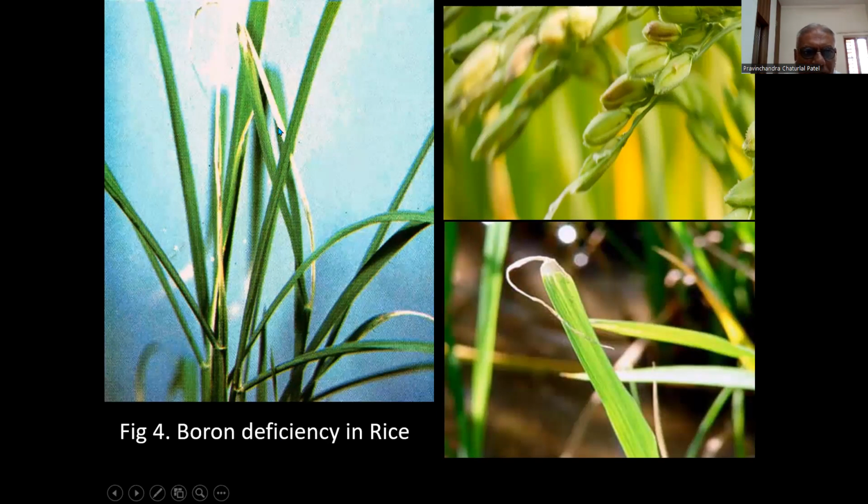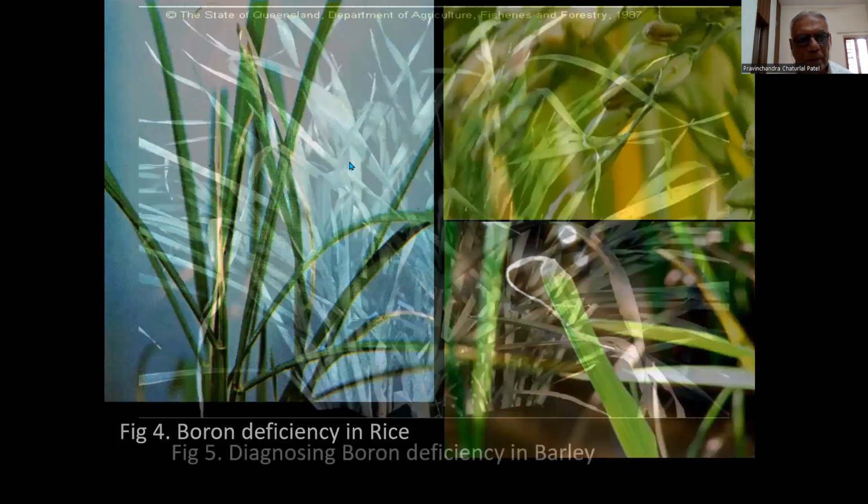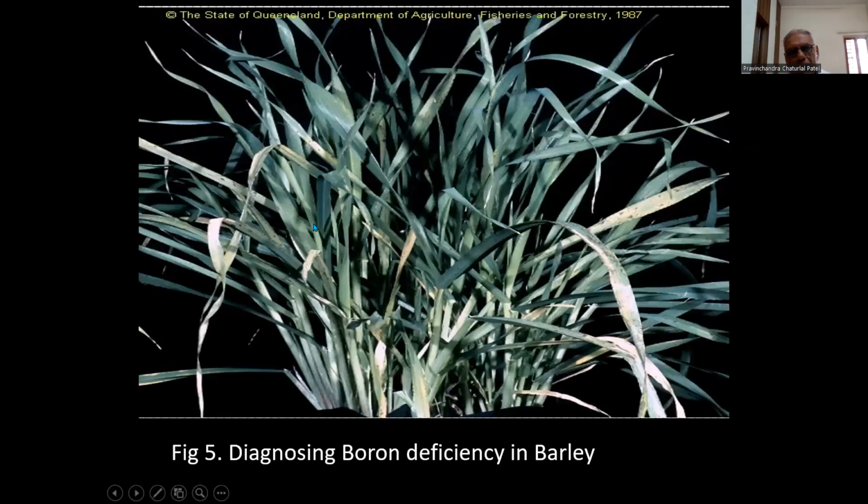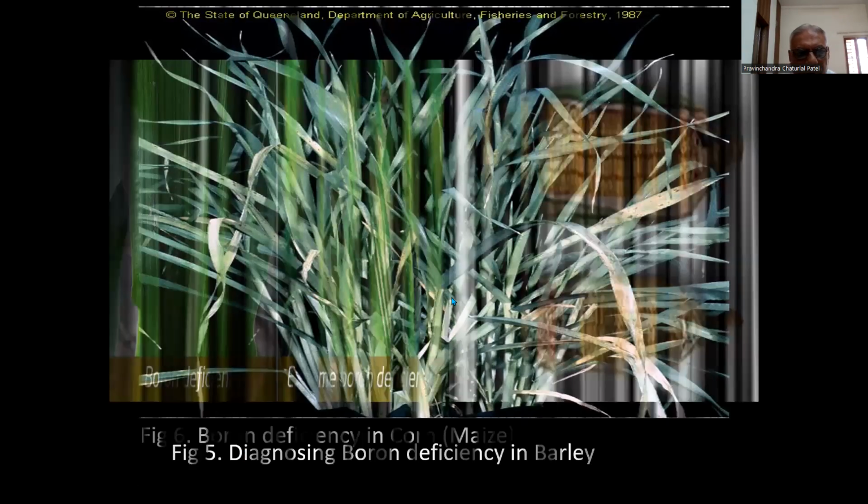Here you can see the top leaves have turned yellow due to deficiency of the boron. Then diagnosis of boron deficiency in barley. You can find the yellowing due to boron deficiency in barley.